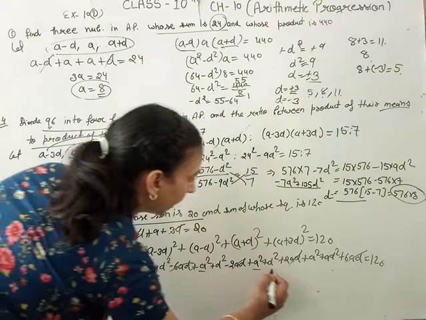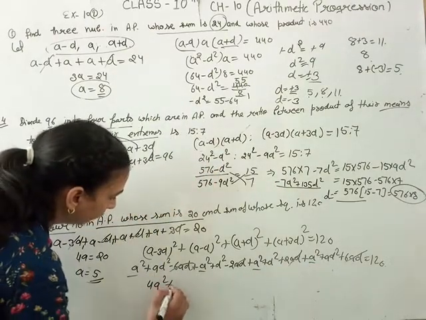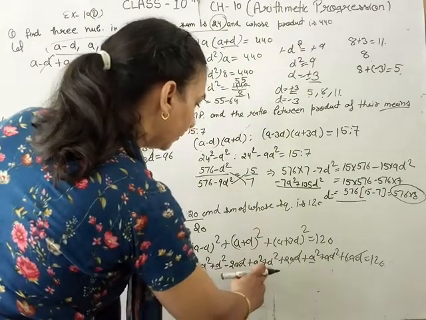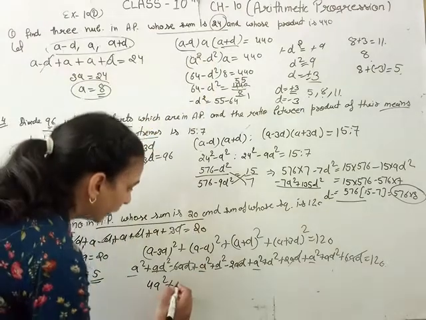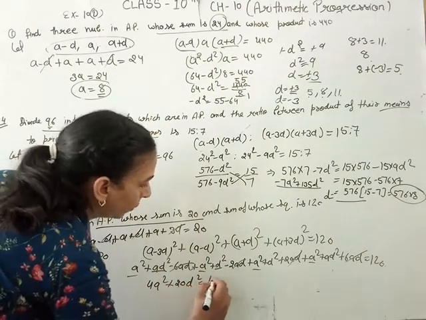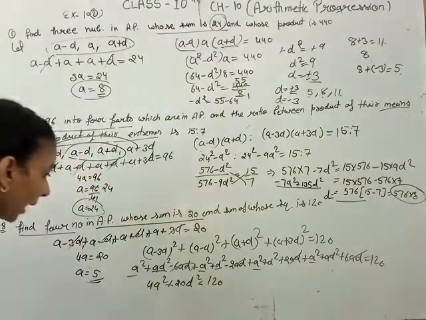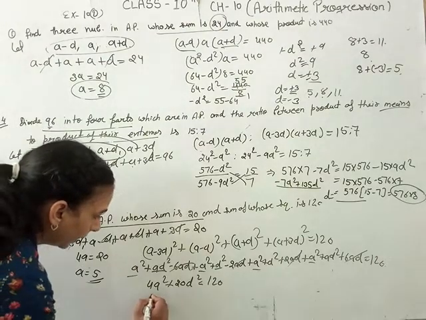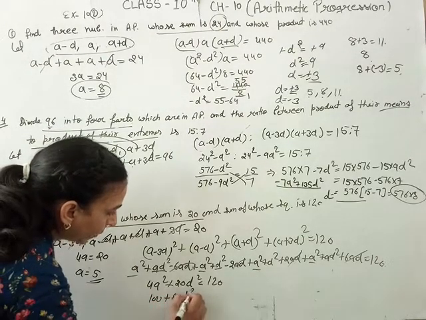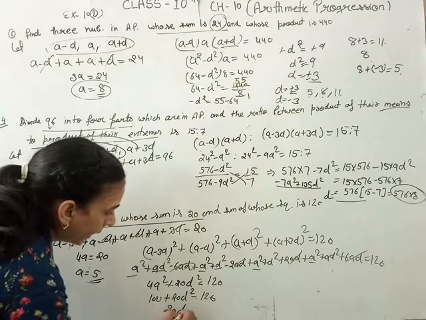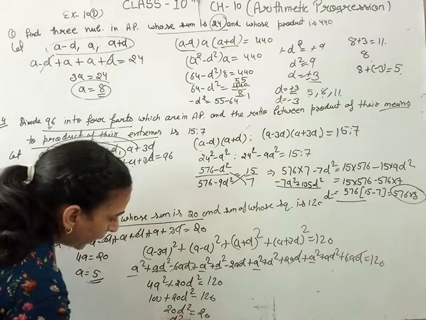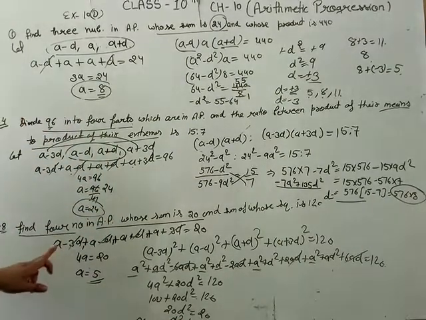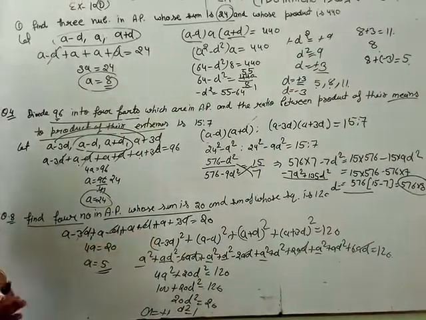A square four times, 4A square, and 9D square, 1D square, 10D square, again 1D square, 11, and 9, total 20D square equals 120. Then you put the value of A: 5 square is 25, 25 times 4 is 100, plus 20D square equals 120. Then 20D square equals 20, D square equals 1, and D equals plus minus 1. You take A and D and put them in these terms, then you have the 4 terms of the AP.